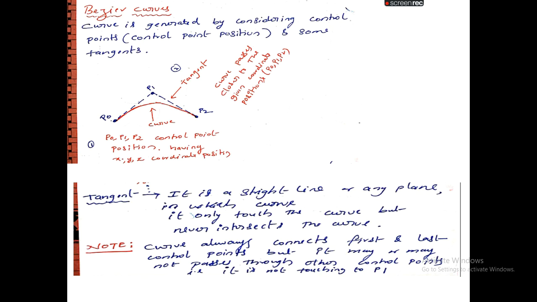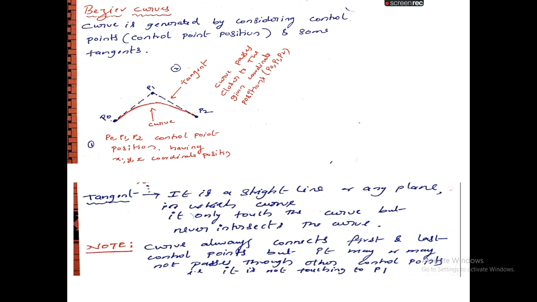I have written one note. Please observe what exactly I am explaining with respect to the note. The curve always connects the first and last control points, but it may or may not pass through the other control points. This is a very important note you need to remember, because I stated one condition for the tangent.